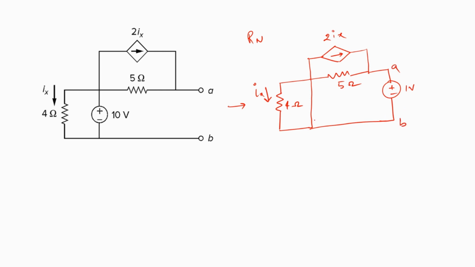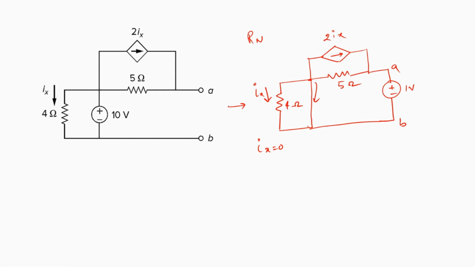Now, since this is shorted, I can simply say that we can ignore this 4 ohms, because whatever current is going to flow, it is going to flow into this branch. It is not going to split up and go into the 4 ohms, because current is going to take the least resistance path. Therefore, can I say that Ix is going to be 0 in this case? And if that is the case, then 2Ix is also going to become 0.